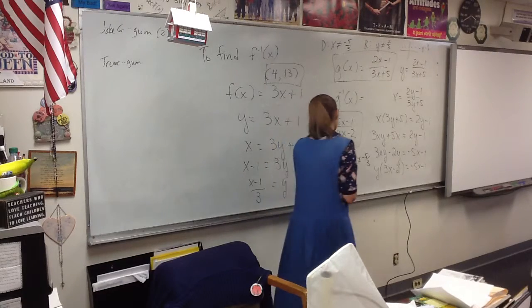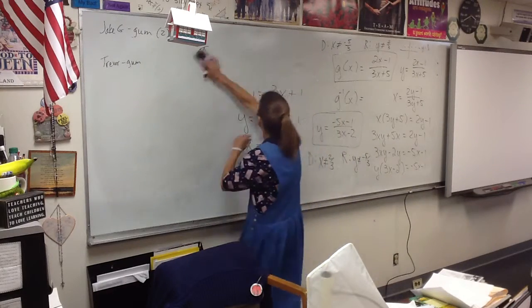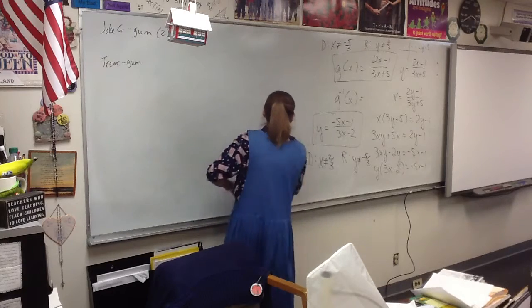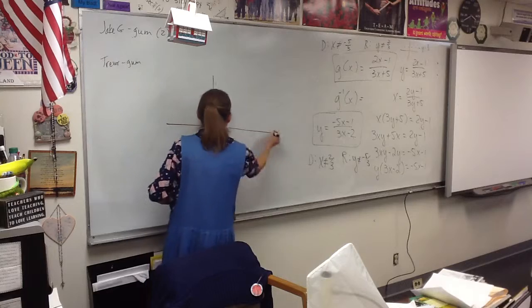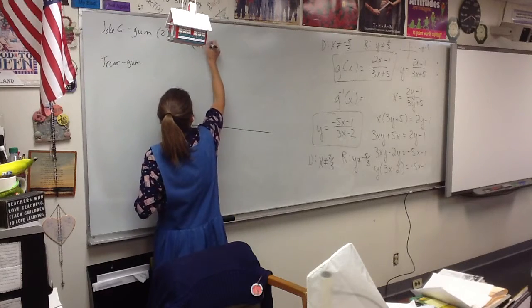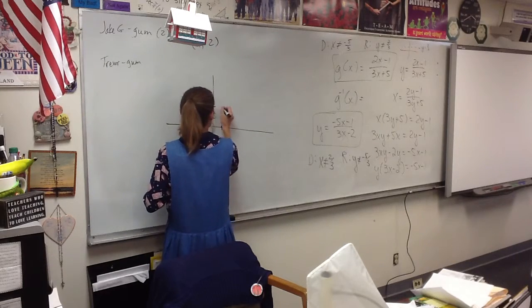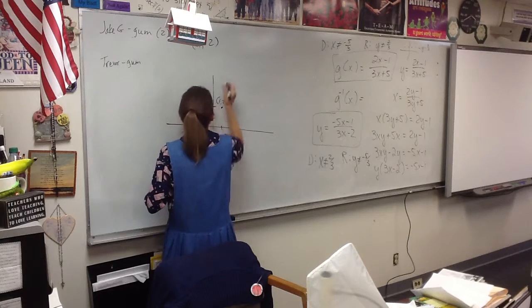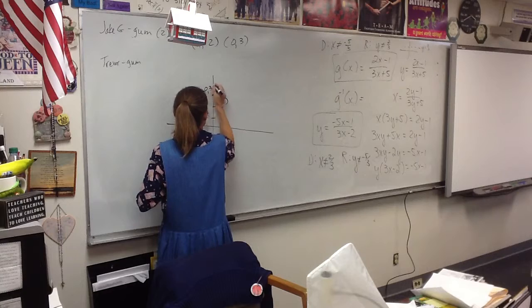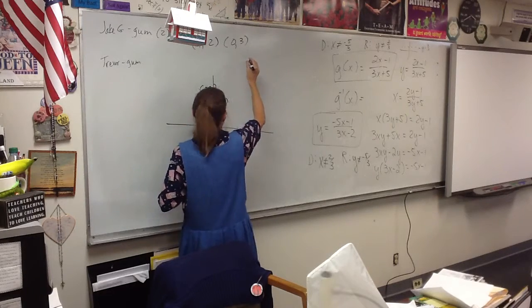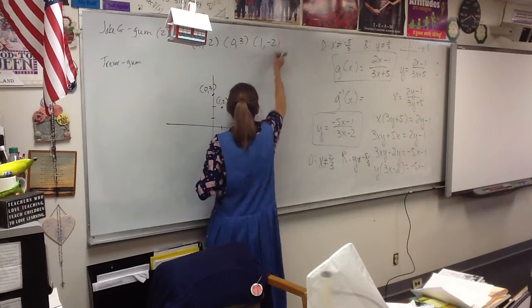Now, one more quick comment about inverses and then we'll be done. Let's say we have 1, 2, and 0, 3, and maybe 1, negative 2.